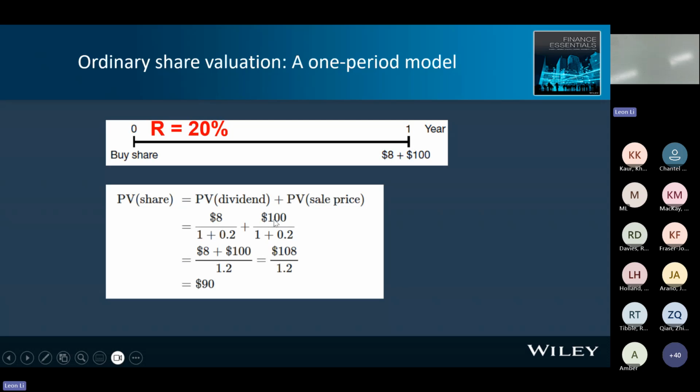Finally, added up, right? And this is our result. So I think this should not be a problem if you understand the bond valuation, right? So draw the timeline, estimate the cash flow, determine the required rate of return, finally calculate the present value.